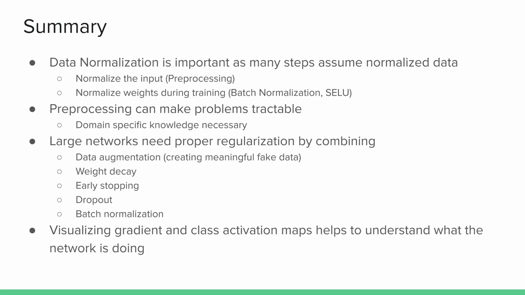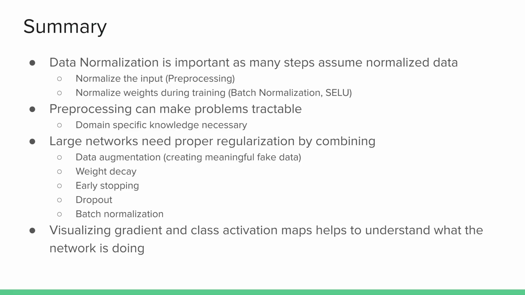Large networks need proper regularization. I told you before, the best performing neural networks are those that have a huge capacity but are well regularized. So we can employ several mechanisms at the same time, like data augmentation, where we create meaningful data. We can employ weight decay.